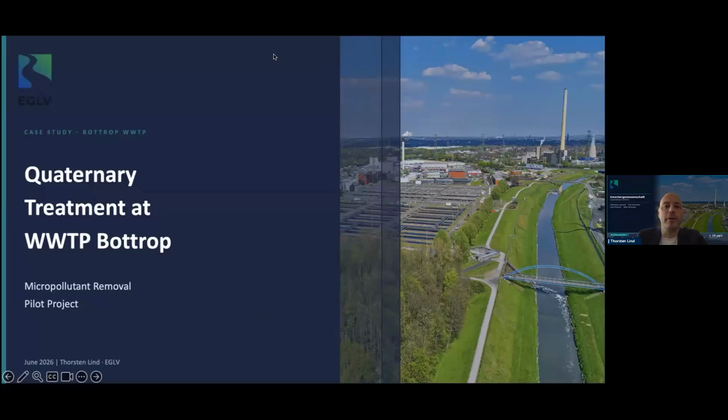Good afternoon, everyone. My name is Thorsten Lind. I work for the EGLV, or Emscher Genossenschaft Lippeverband, however you pronounce that correctly in German. We are the largest wastewater treatment operator in Germany, and today I will talk about how we are preparing for the quaternary treatment.